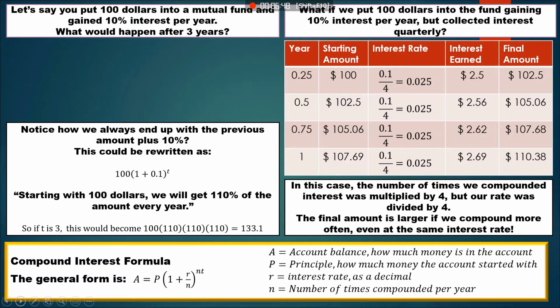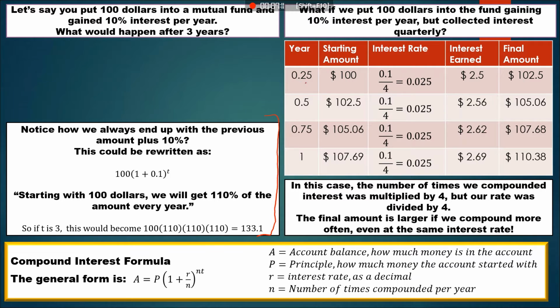So going a step further, this is everything from the last slide. If instead of doing what we did last time, we want to gain interest every quarter of a year instead of at the end of the year, then I would break this apart. So at 1/4 of the year, I would earn 1/4 of my interest rate.